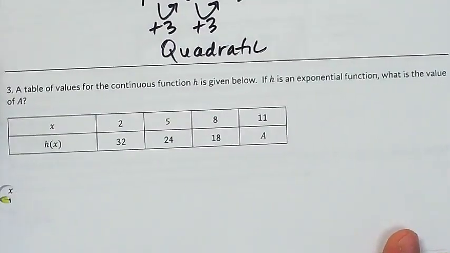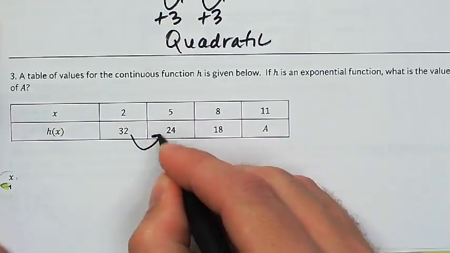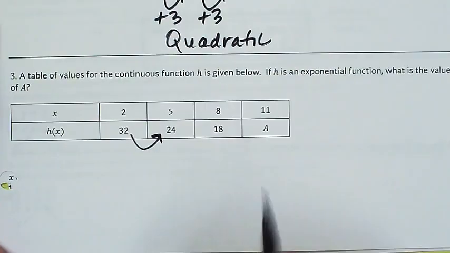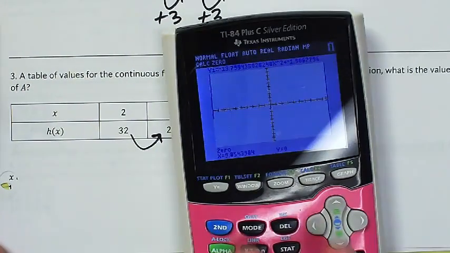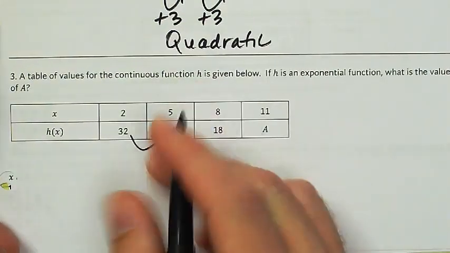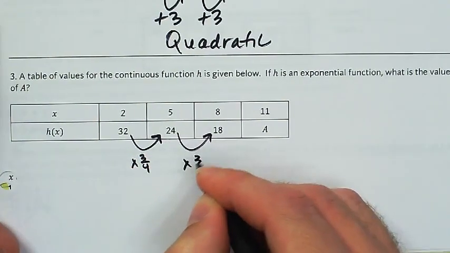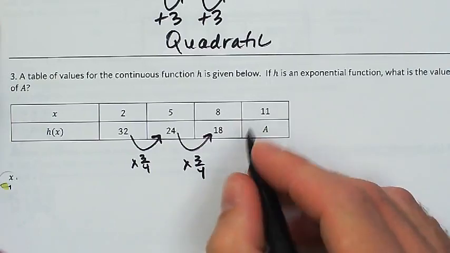Okay. And if I'm looking at a continuous function here and it's exponential, what's the value of a? So I have to figure out what am I multiplying when I went from 32 to 24. Okay, so 24 divided by 32 is going to be 0.75. So I'm multiplying by 3/4. Okay.